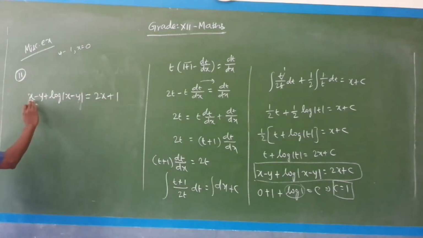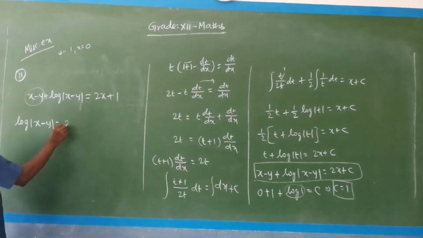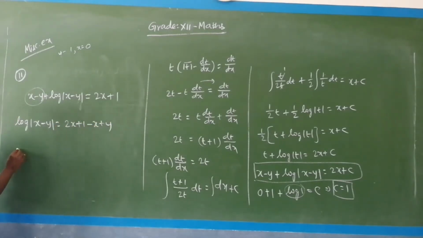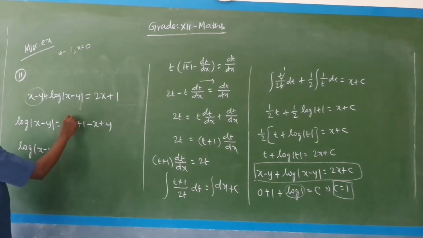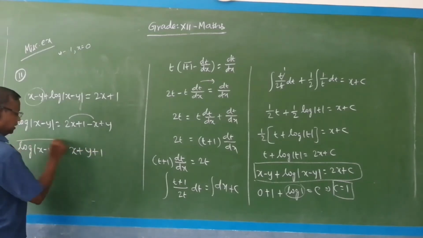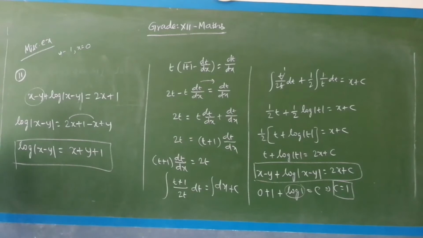Now bring these two terms to the right side. We have log of modulus of x minus y equal to 2x plus 1 minus x plus y, or log of modulus of x minus y equal to 2x minus x, that is x, plus y plus 1. So this is the required particular solution for the given differential equation.